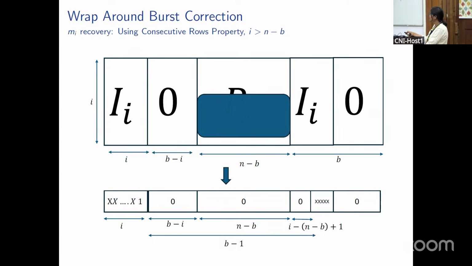This will still remain untouched in this identity portion, and you will get a stretch of b minus 1 zeros, and the ith symbol can be recovered. So in summary, the top left property and consecutive rows property are helping you in doing urgent symbol recovery, okay? Because here you can't use the remainder of the parities.